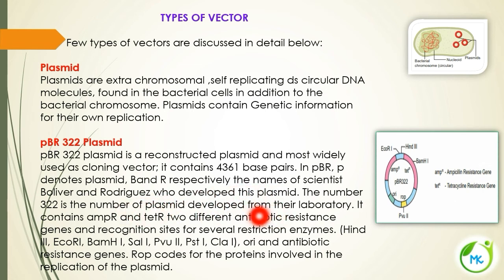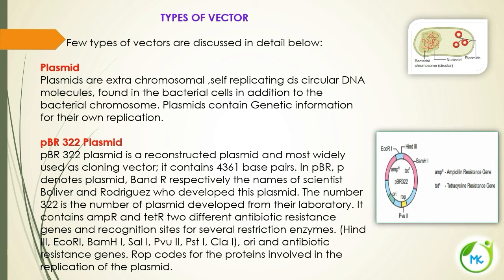So now you know that this pBR322 is a reconstructed plasmid, and how it got its name, and it has two different antibiotic resistance genes, and also it has recognition sites for different restriction enzymes. For example, HindIII, EcoRI, BamHI, SalI, PvuII, PstI, ClaI. So these are the recognition sites for these different restriction enzymes, and it also has ORI.